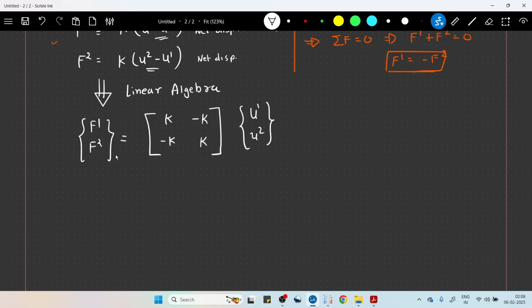This f1 f2 vector is called the force vector. This is called the stiffness matrix of the 1D element, and this is the displacement vector.